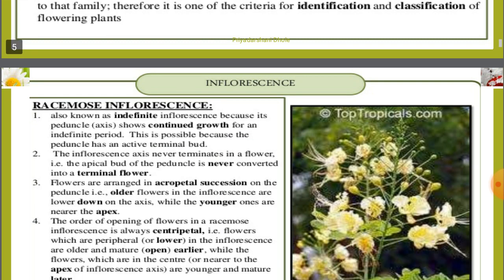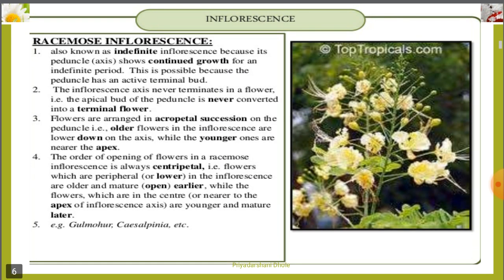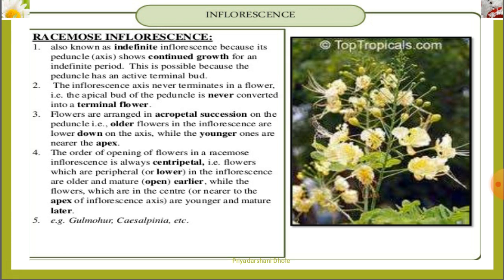Next, there are mainly two types of inflorescence, racemose and cymose. The first type is racemose inflorescence. In that, growth is indefinite because the younger bud is at the apex, at the top, and the older bud or older flower at the base.